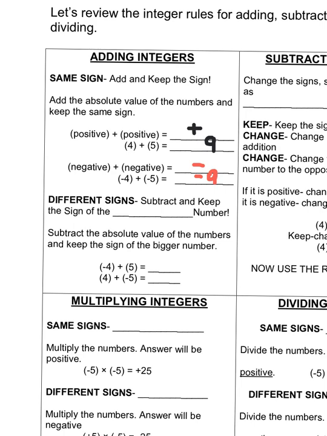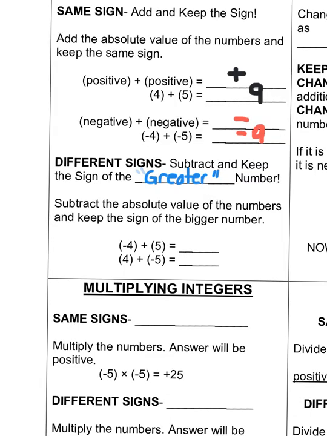If the signs are different, however, we will subtract. And we'll keep the sign of the greater number. Greater is in quotation marks because it's not the greater value, it is the number with the greatest absolute value. So in this example, negative 4 plus 5, the signs are different, so we subtract.